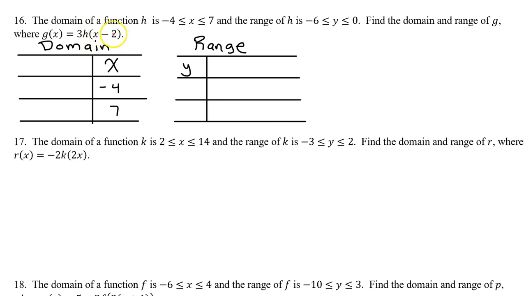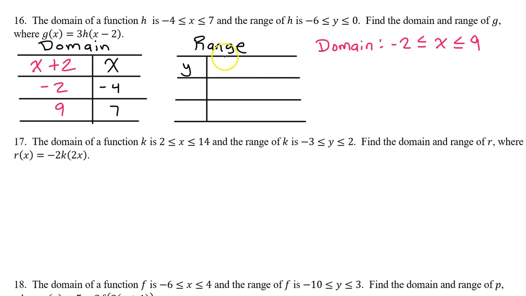That's 2 units to the right. So I can find the new domain endpoints by doing x plus 2, the opposite of what we see. So if I do -4 plus 2, that's -2. And if I do 7 plus 2, that is 9. So these will be the new endpoints of my domain.